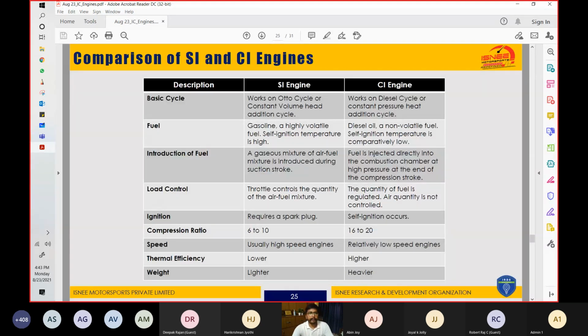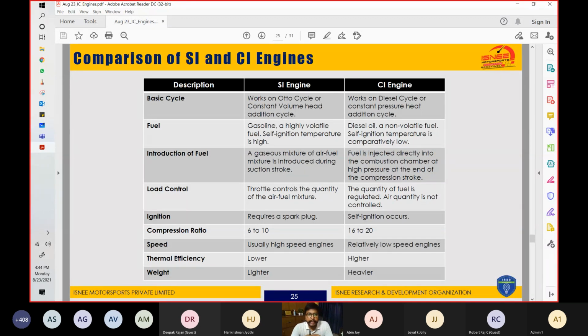Now going further, we have the comparison of SI and CI engine, and the comparison is done based on the cycle, the introduction of the fuel, which means how the fuel is coming inside, then load control, type of ignition, compression ratio, speed, thermal efficiency, and weight.